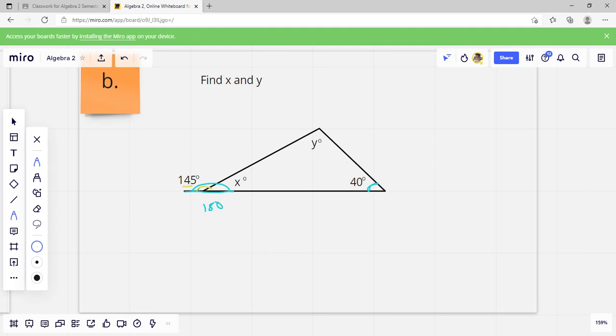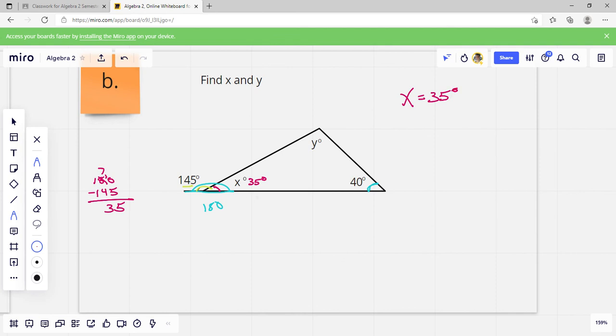That's 145. So we need to find what's left, what x is, in this little chunk, right? So we've got 180, take away 145. And that's going to be 35 degrees.